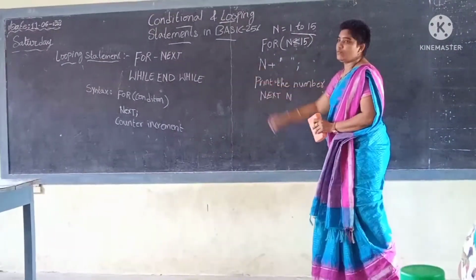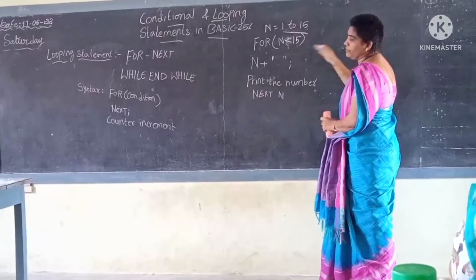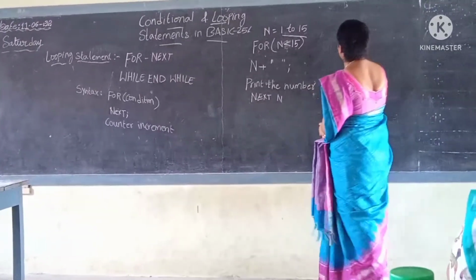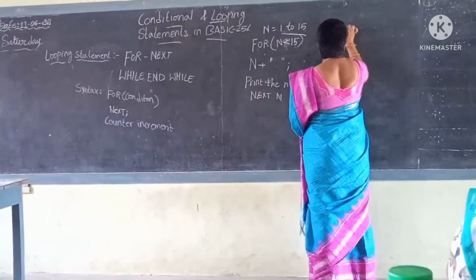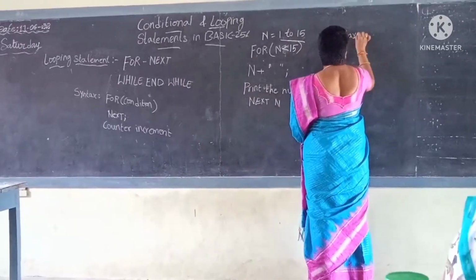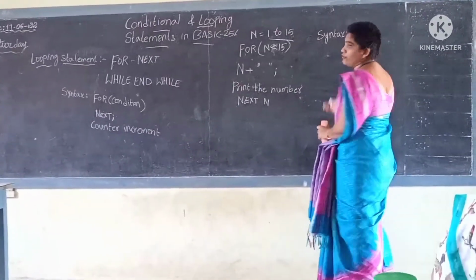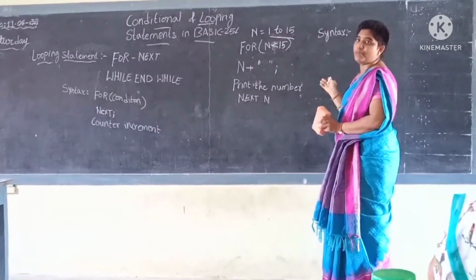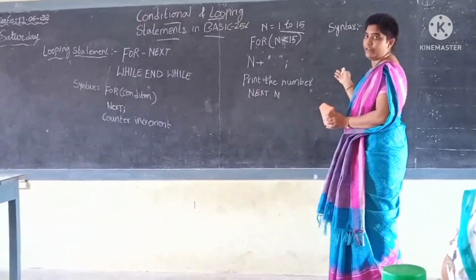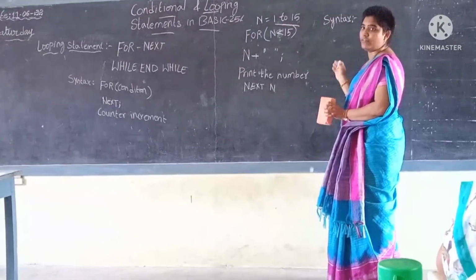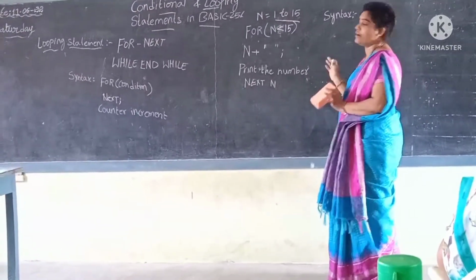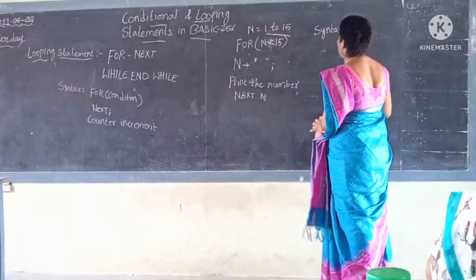And the syntax for while is, for both we have to give the initialization. Here we have to print 5 numbers, 1 to 5 numbers. But we will not give 5 here. The end of the loop we will not give. We will give only the starting of the loop, n equal to 1, like that.